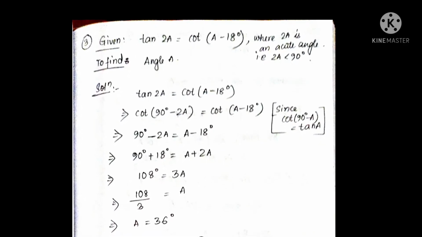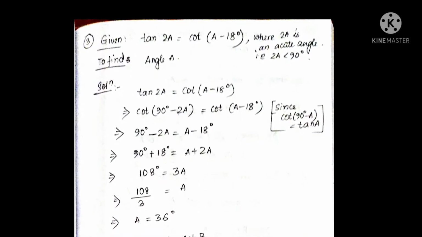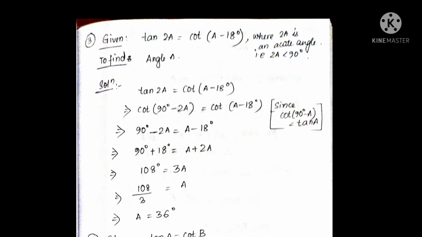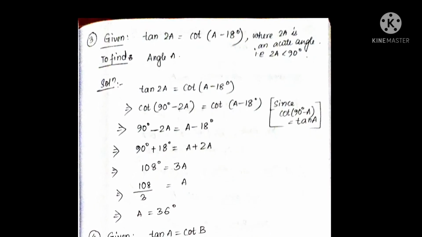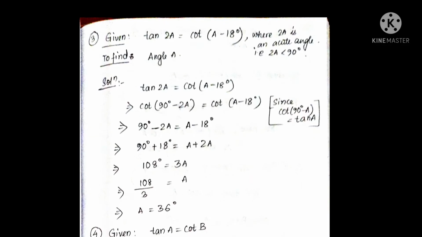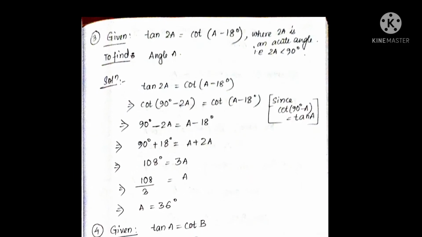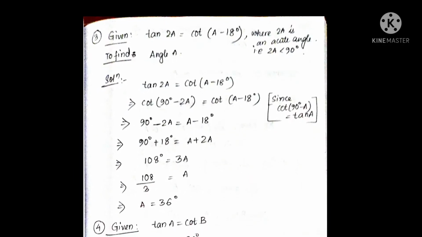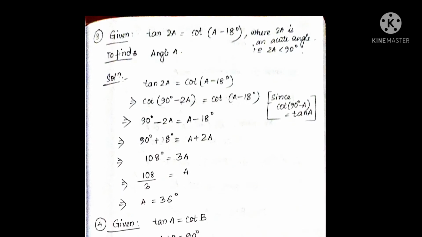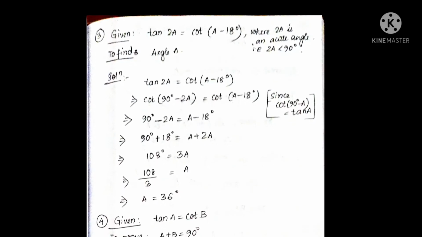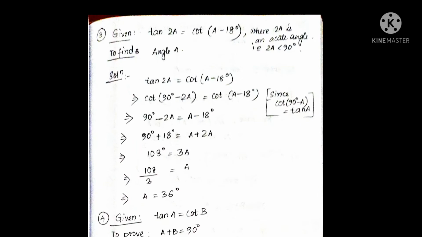So from both sides you can see cot is present on both sides. So the value of cot of any angle is equal to the value of cot of any angle. That means we can simply remove the cot, and the remaining will be the angles from both sides, because it is an equation.